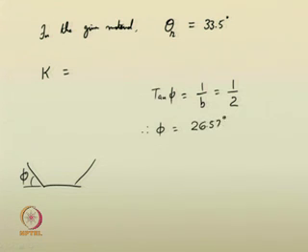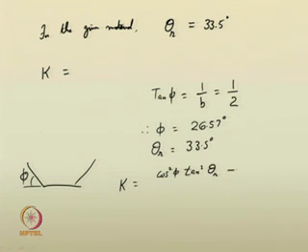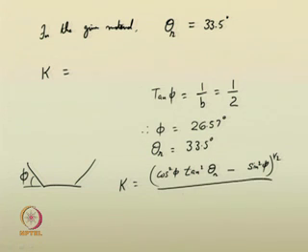Therefore, phi is equal to 26.57 degrees. Theta r is also given to you as 33.5 degrees. Therefore, the unit tractive force ratio K is equal to cos squared phi into tan squared theta r minus sin squared phi, the whole quantity raised to half, by tan theta r.